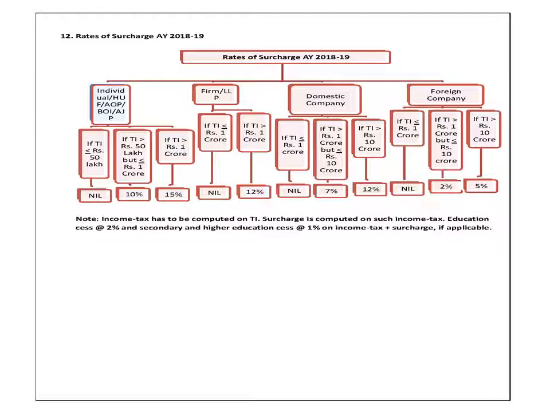Education cess at 2 percent and secondary and higher education cess at 1 percent is on income tax plus surcharge, if applicable. First you will calculate income tax on your total income. Then you will calculate surcharge on this income tax amount. Then you will add the income tax amount and your surcharge, and on that added figure you will calculate the education cess at 3 percent.